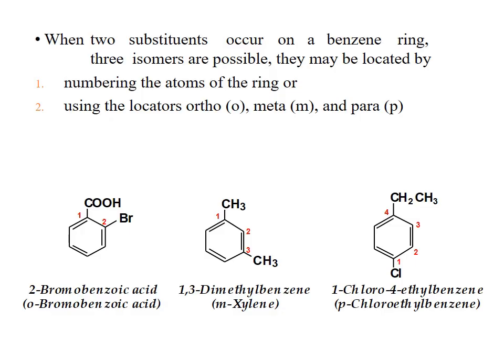Then 1,3-dimethyl benzene. In that, methyl groups are present at the first and third positions. Then next one is 1-chloro-4-ethyl benzene. Chlorine is present at the first position and ethyl at the fourth position.